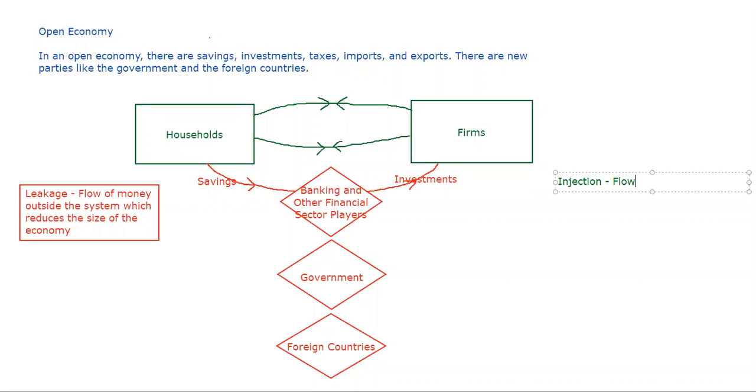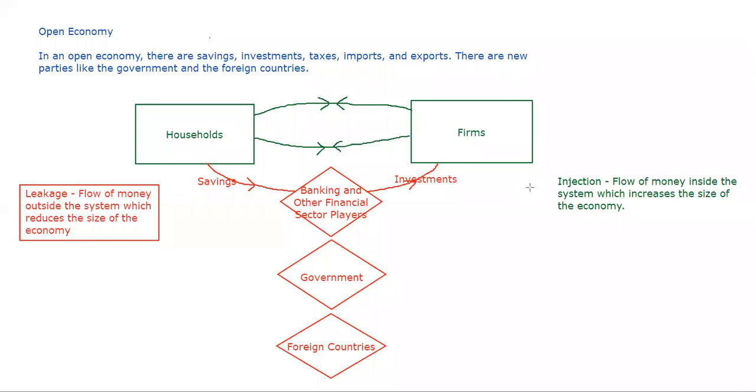It's flow of money inside the system, which increases the size of the economy. Bingo.